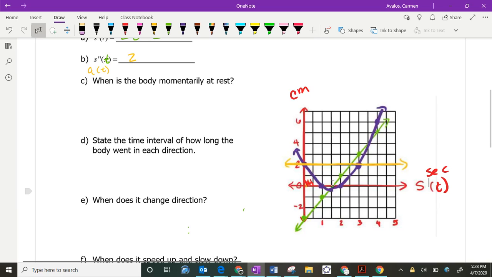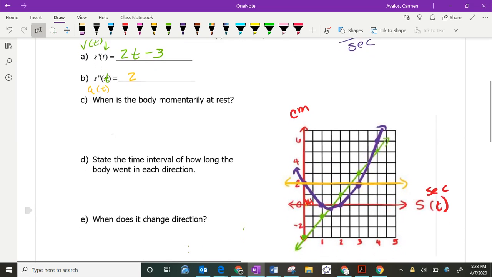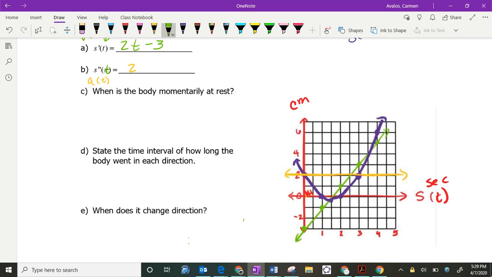So the derivative is going to be 0, because I know that the minimum is always 0 in our derivative. So I am going to take that and use our velocity equation, v of t. I want the velocity to be equal to 0.